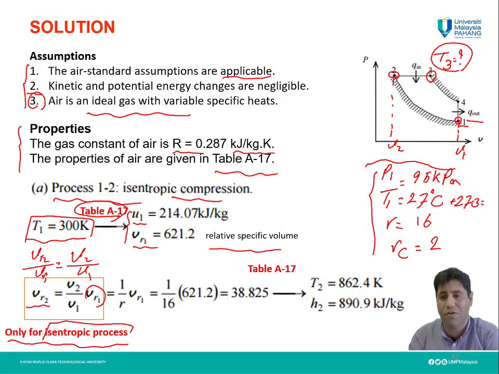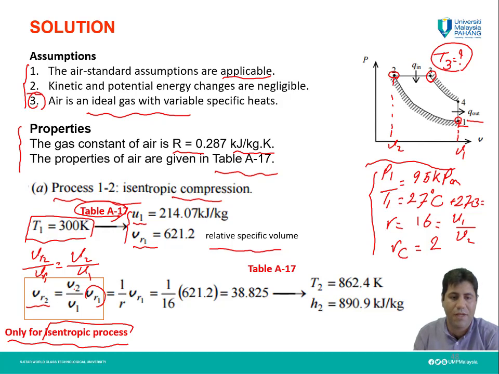Also, the compression ratio here is V1, the maximum volume, divided by the minimum volume of the cylinder or the system, so V1 divided by V2.